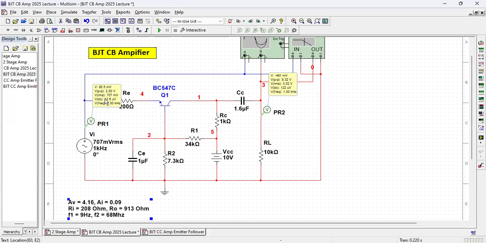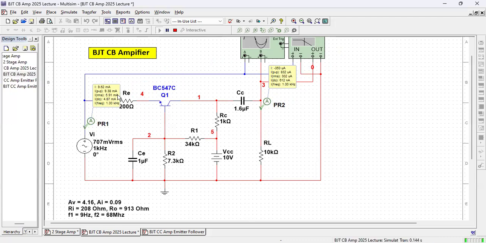What is the current gain? I have to remove the voltmeters and put a current probe here and another current probe here and run it once again. It becomes more or less stable. See, the current peak to peak at the output is 832 microampere, and the input is 9.38 milliampere.